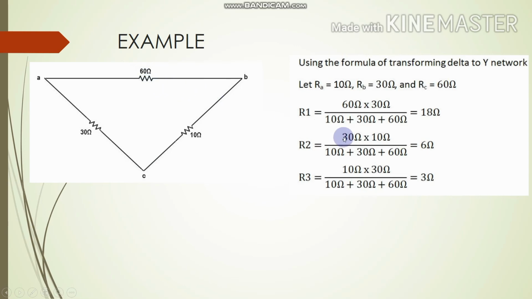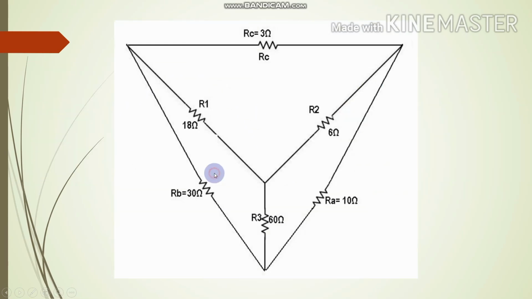Then by using the formula we get R1 equal to 18 ohm, R2 equal to 6 ohm, and R3 equal to 3 ohm. The final network will look like this. This is the final answer.